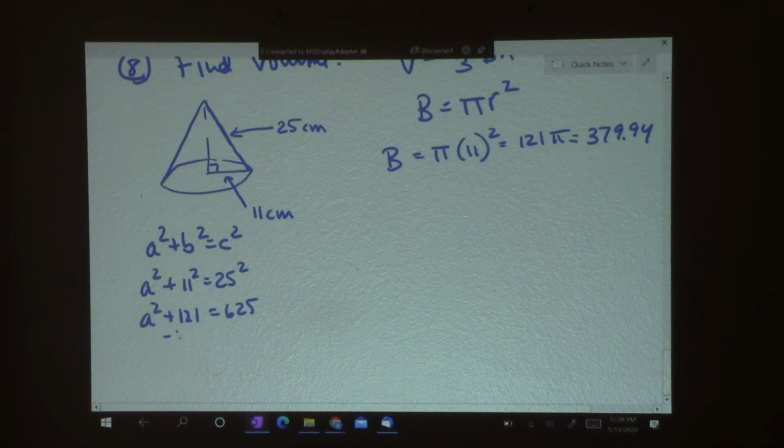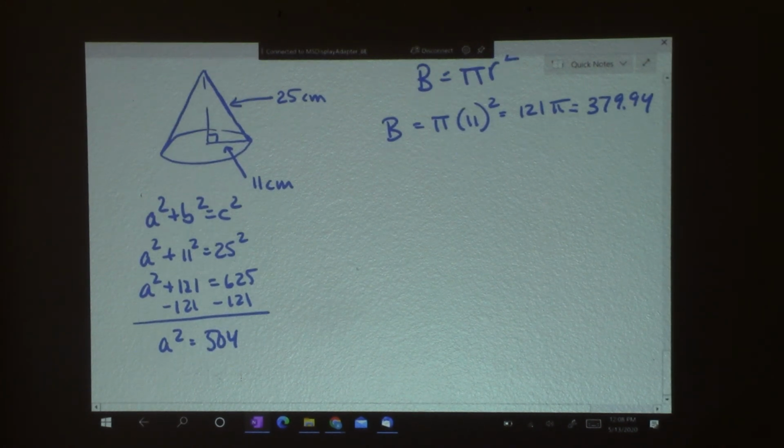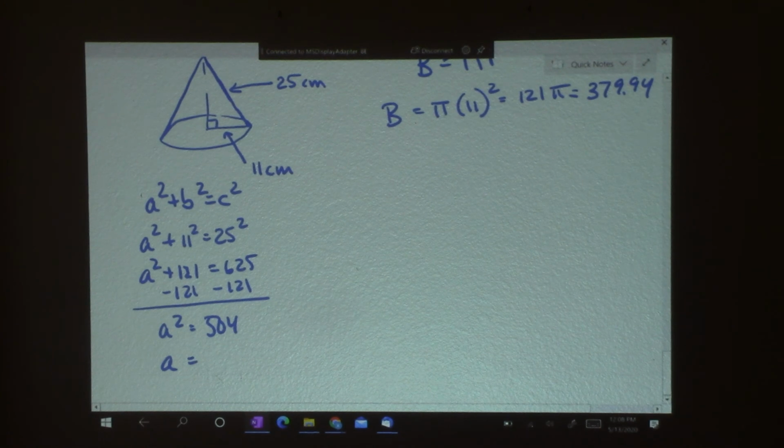So let's work that out. 625 minus 121 is 504. And the square root is 22.44. Okay, so now I know the height.